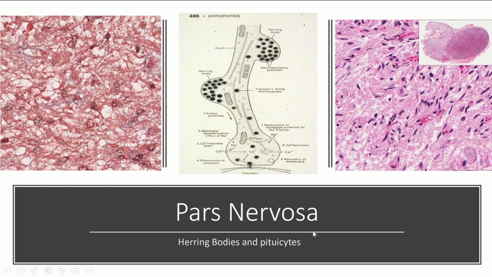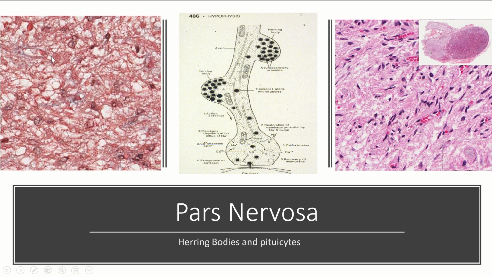Alrighty, so here is the pars nervosa, and remember we said that is a lot of nervous tissue, so it is these axons going down, and then we've got these little pockets forming within those where we're storing those hormones, the ADH and the oxytocin. And that's going to be found in what's called a Herring body. So they look like these little thumbprint smudges or something, these larger areas ballooning out.